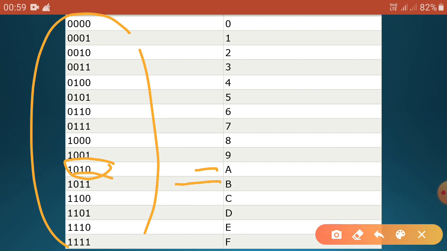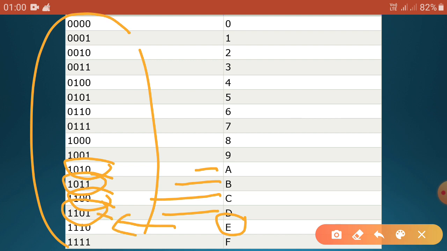B means 1011, that means 11. C means 1100 in binary. D means 1101 in binary. Okay. E means 14 and in binary it will be 1110. F means 1111 in binary and in decimal it will be equal to 15.